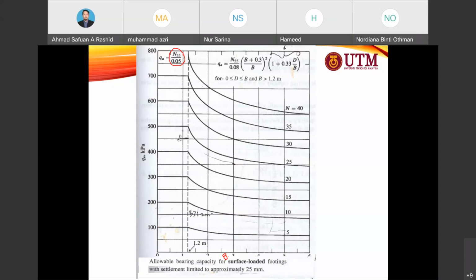If B is greater than 1.2, it shows a reduction of QA. So either we can use this formula or that formula to get QA without referring to the graph.